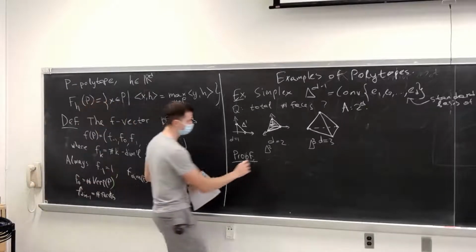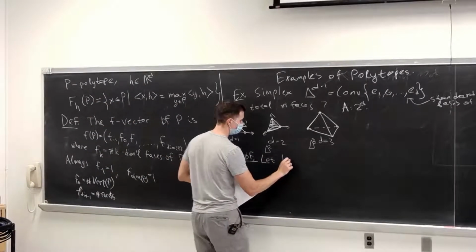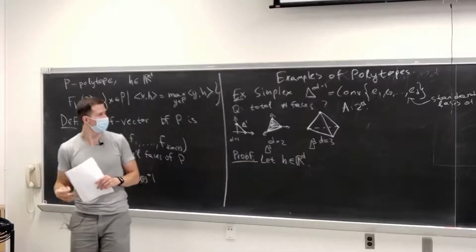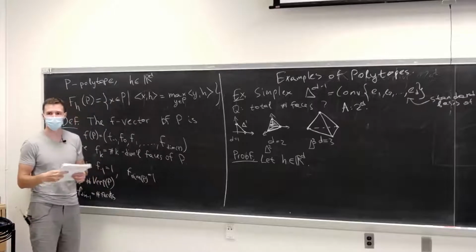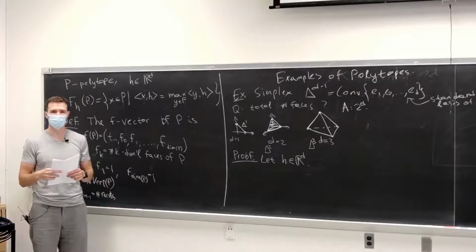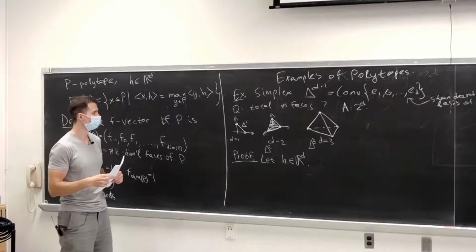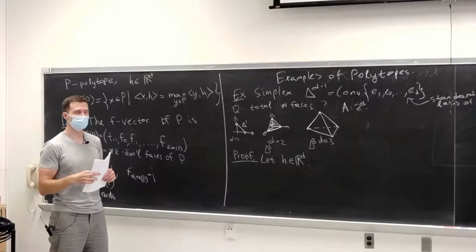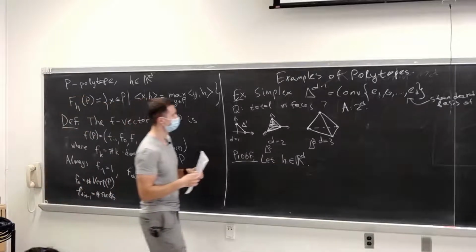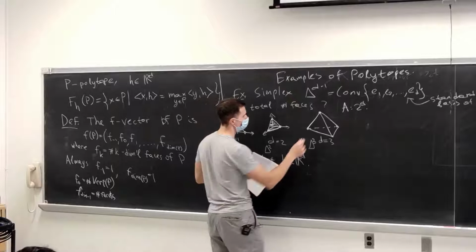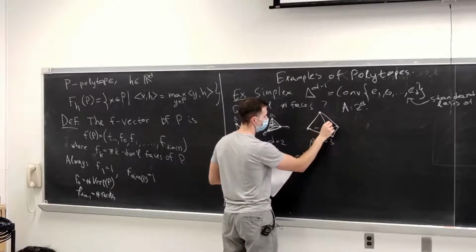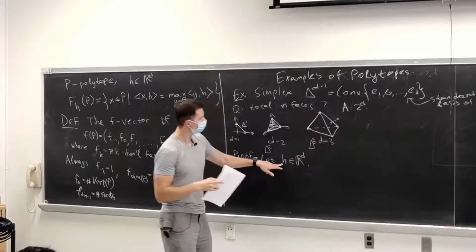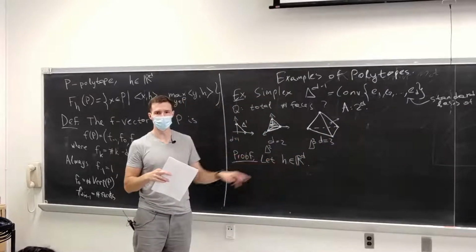Let H be a vector. How do I find this face here? Oh, perpendicular. I see. So you want to choose the set of vertices in advance and then find the H that points onto that. Okay, but let's say I give you an H. How do you find the face then?